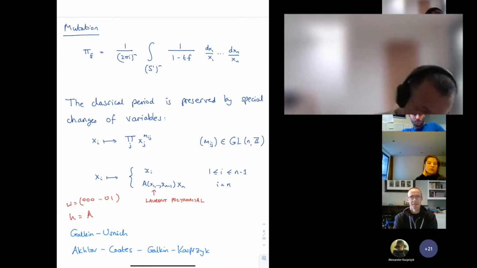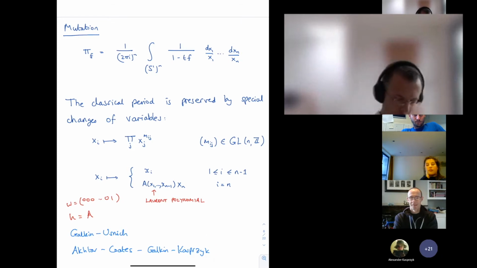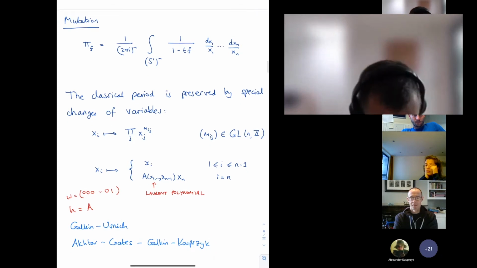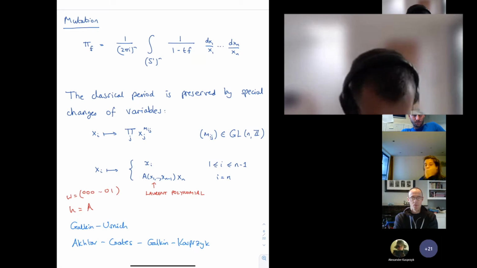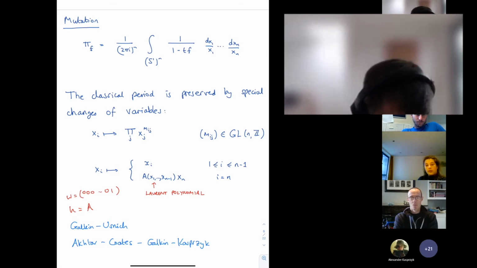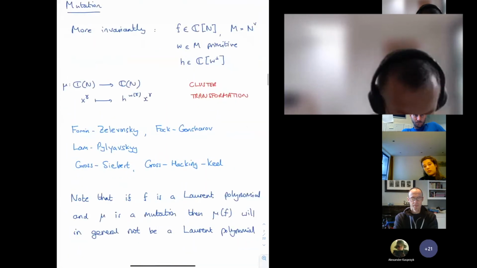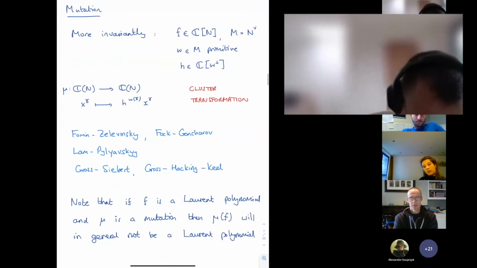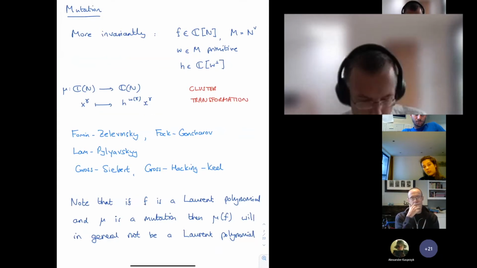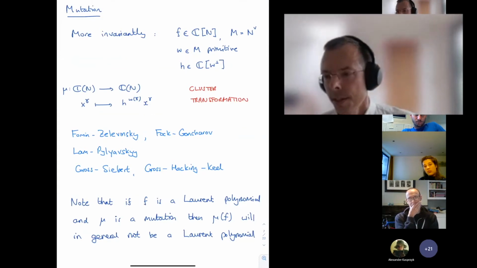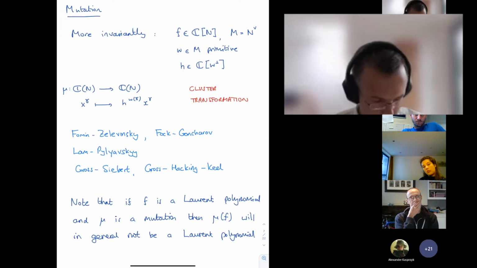Okay, so in this context, mutations were introduced by Galkin and Usnich, and then by Akhtar, myself, and Sergei Galkin and Alexander Kasprzyk. And if you write them in this more invariant way, you discover they are cluster transformations that occur in the theory of cluster algebras.